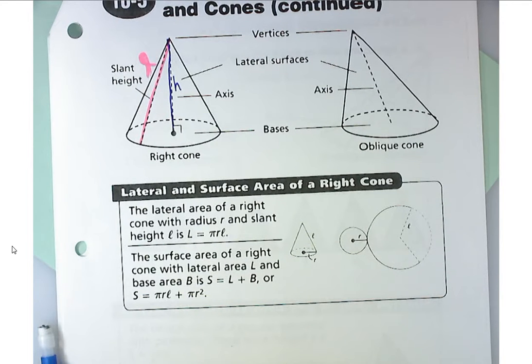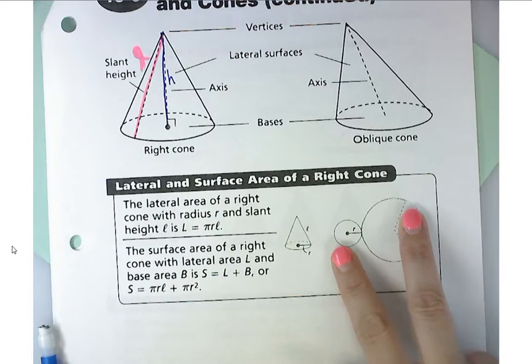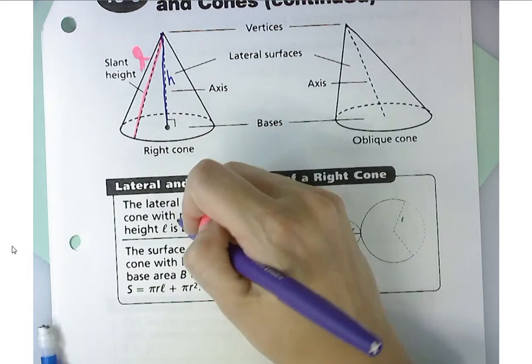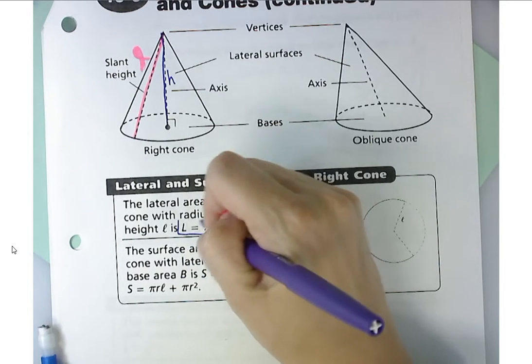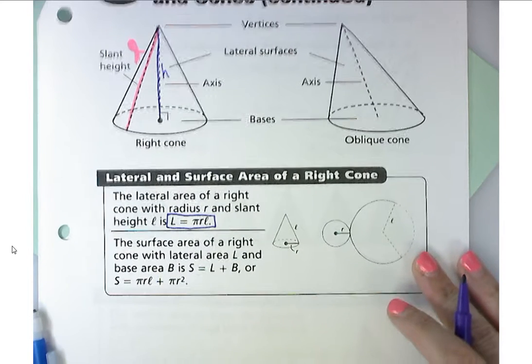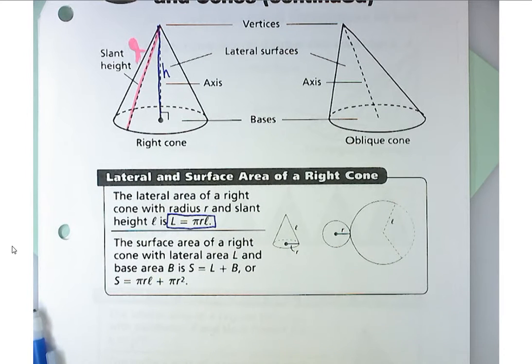And then for the lateral and surface area of a right cone, the first thing we want to pay attention to is the lateral area, which is pi times r times L. So you have pi times r because if you multiply 1/2 by 2, you get 1. That's why you have just pi r and not 2 pi r.